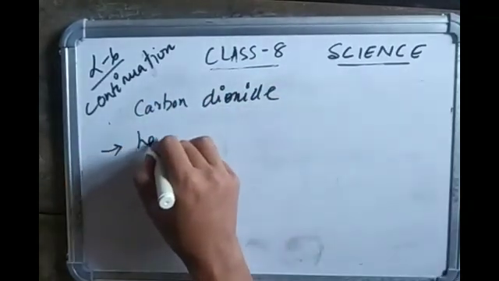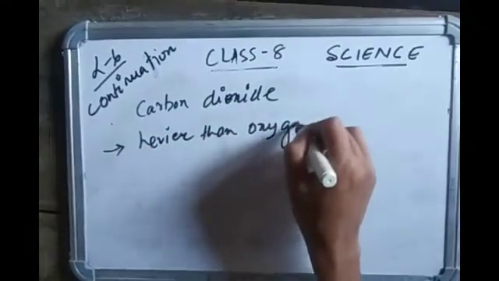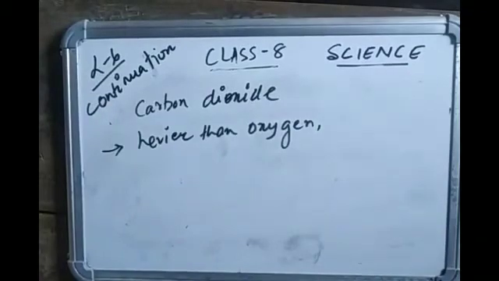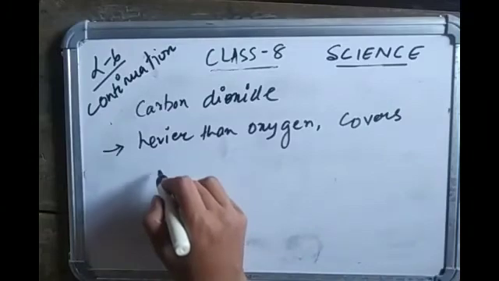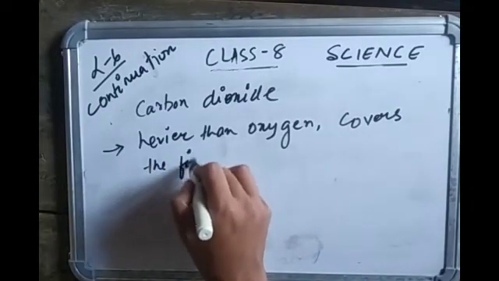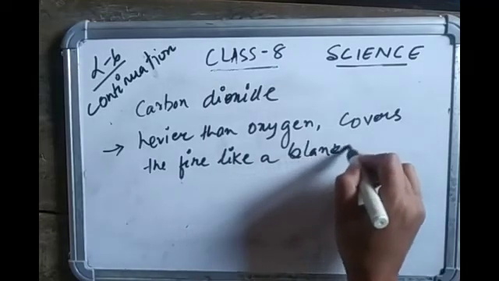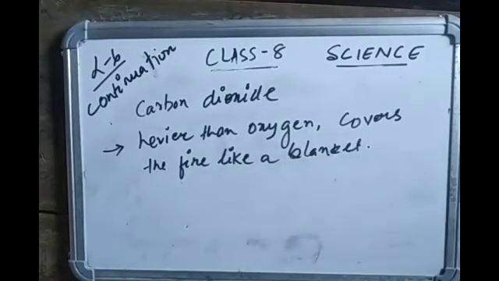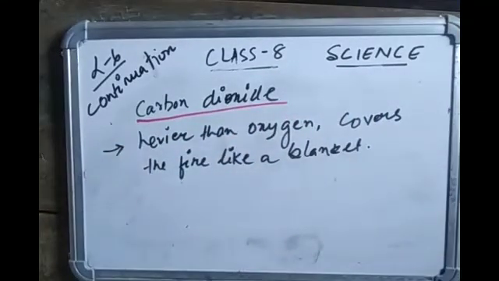Carbon dioxide is heavier than oxygen, so it covers over the fire like a cushion or a kind of blanket. So carbon dioxide being heavier than oxygen covers the fire like a blanket. It covers over the oxygen supply, so the contact between the fuel and oxygen is cut off.